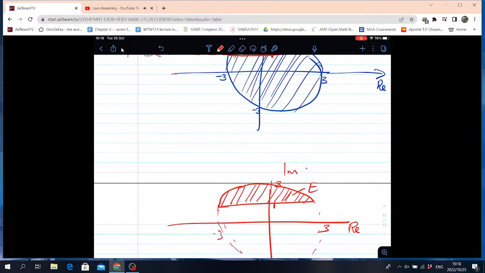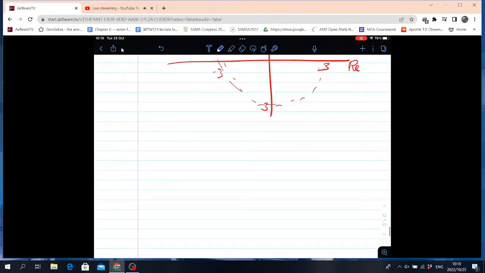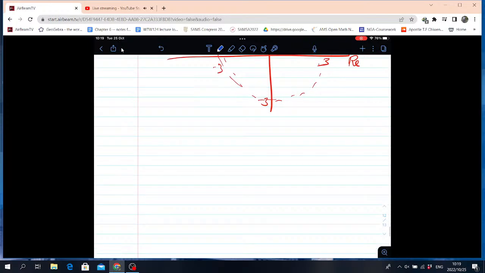I'm not sure what you mean, but basically the boundary is here. The boundary here is also part of the region that we want. So when you say endpoints, I assume these are the endpoints that you mean. Maybe you can illustrate or explain a bit further if this is not what you're asking about.